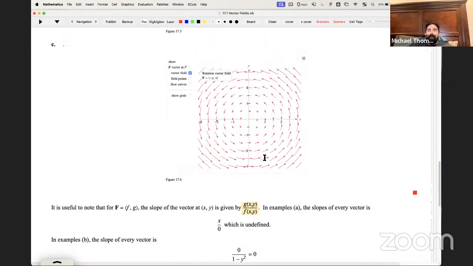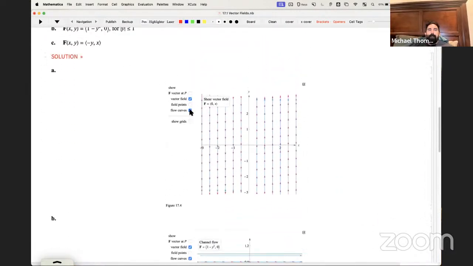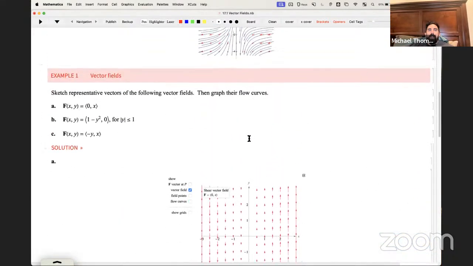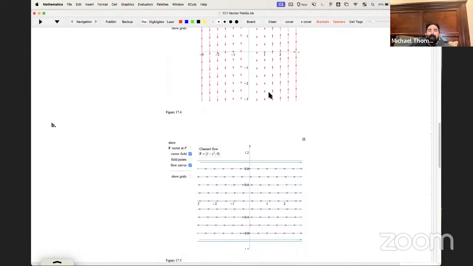So for example, all these guys in this first vector field, if you take g over f, that's x over 0, that's undefined. All of these vectors have slopes which are undefined.